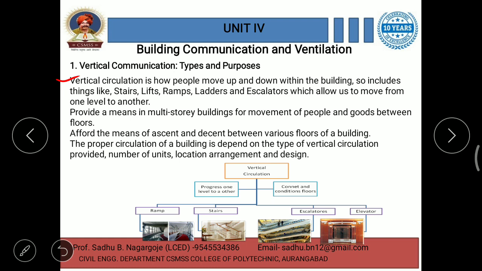That is the purpose of these communicating members. They offer the means of ascent and descent between the various floors of a building. The proper circulation of a building depends on the type of vertical circulation provided, number of units, location, arrangement, and design.